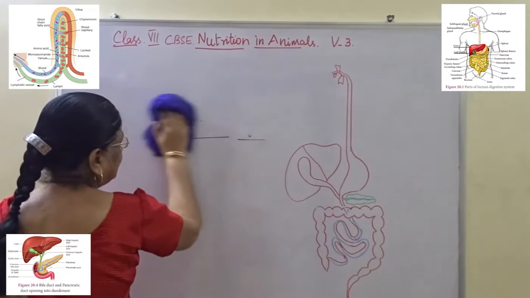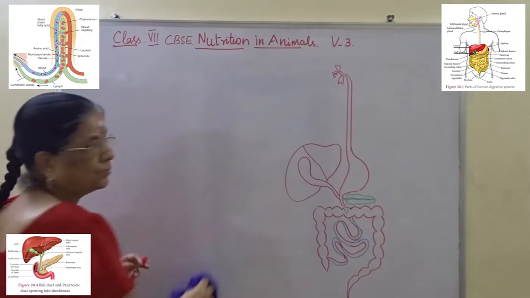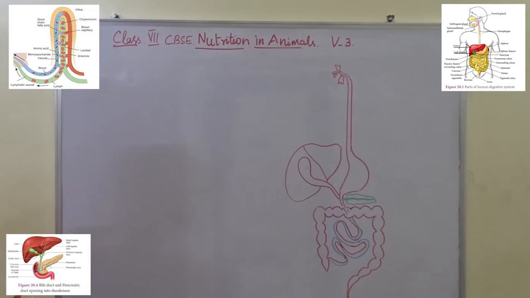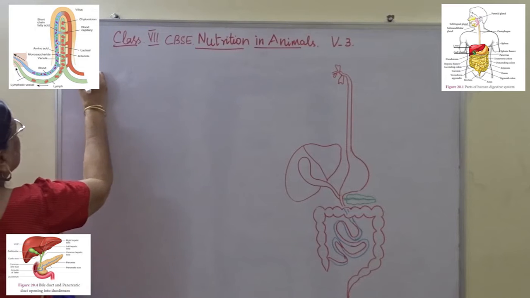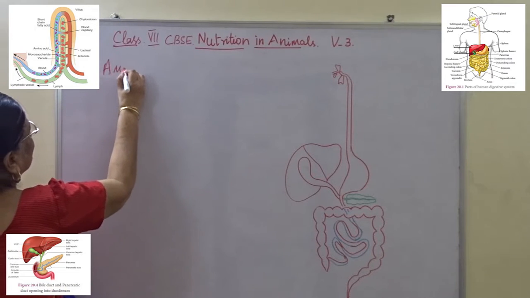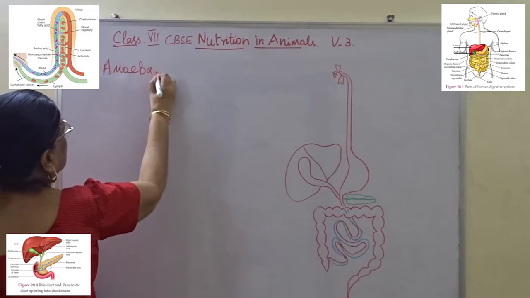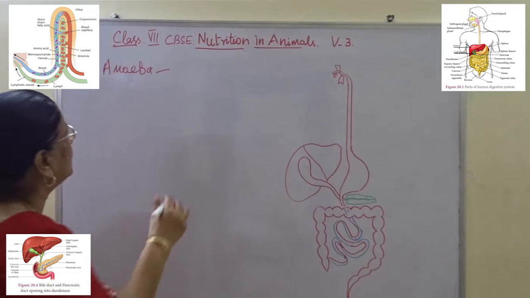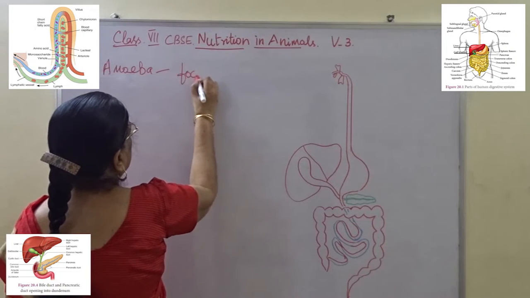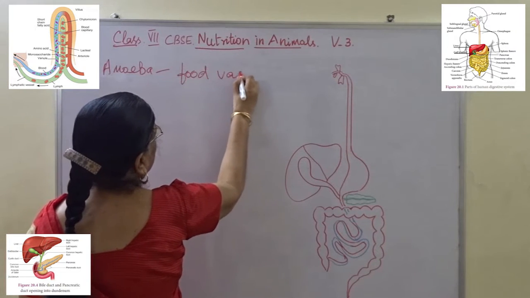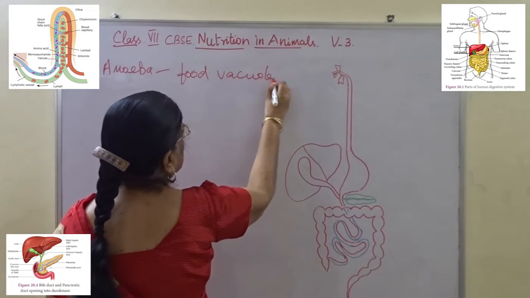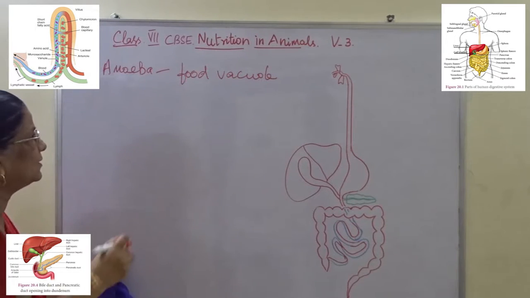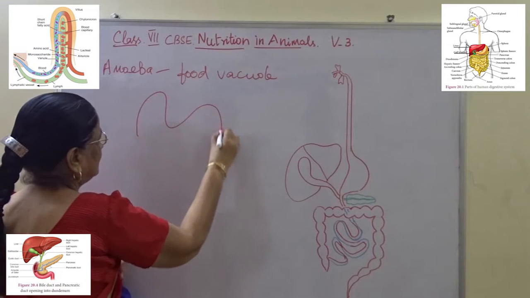Amoeba takes food with the help of pseudopodia, and then it forms the food vacuole, as given.